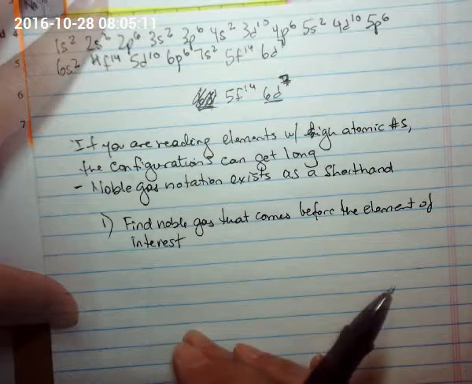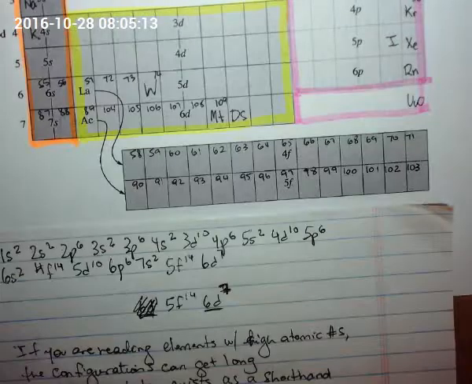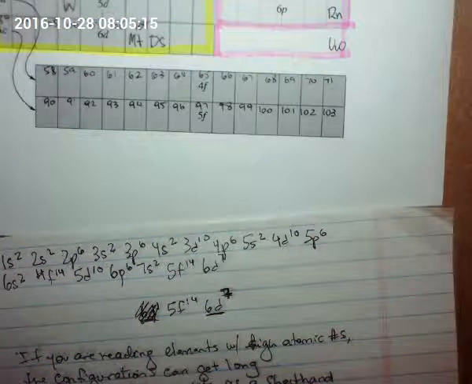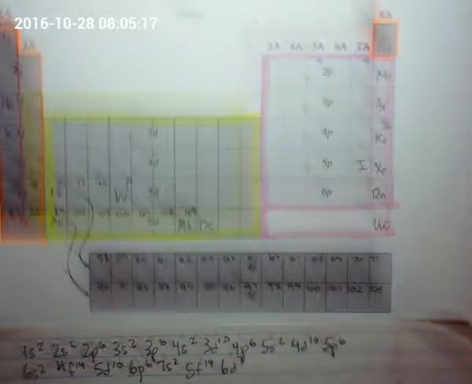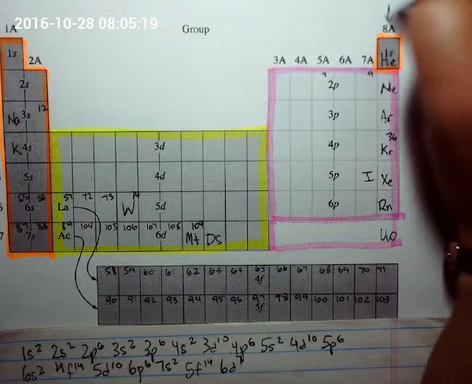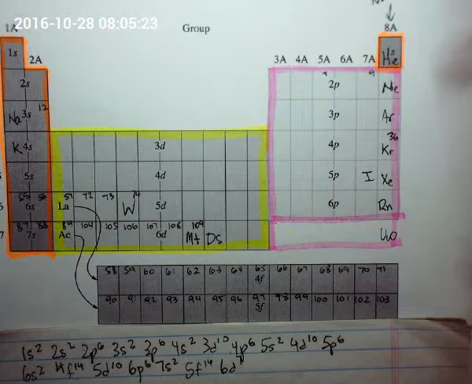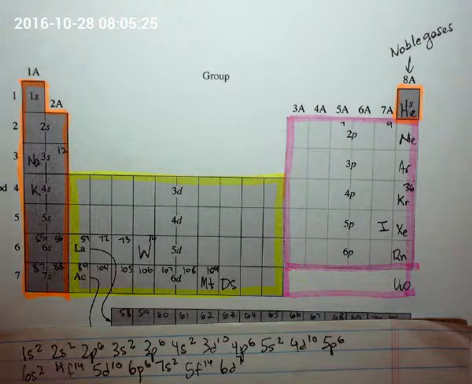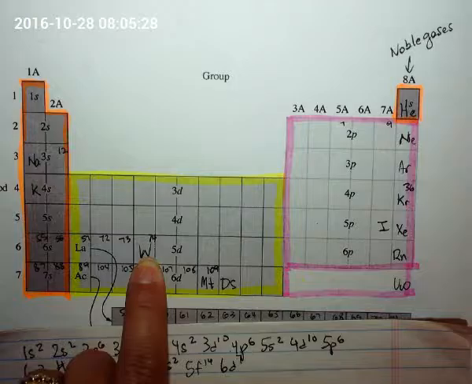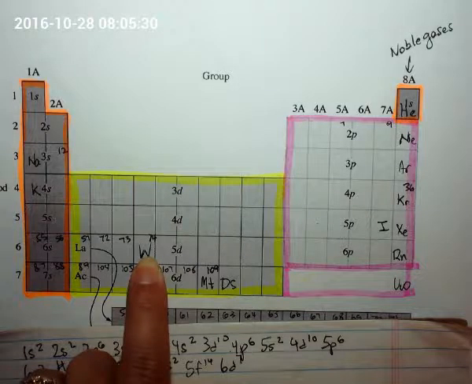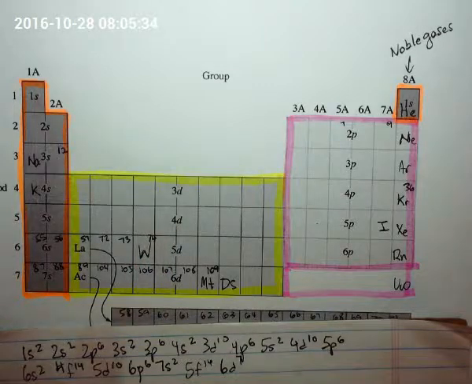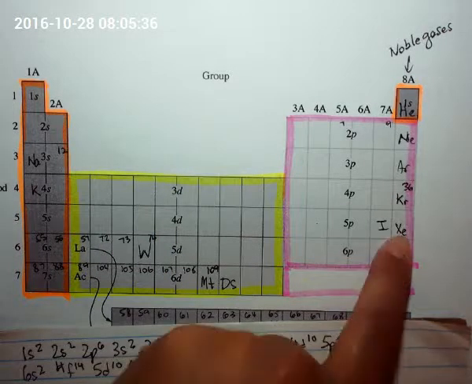So where are the noble gases on the periodic table? It's this last column. These are the noble gases. If we were reading tungsten, what would the noble gas be that comes right before it? Xe. The simplest way to do it is just go up a row all the way over.